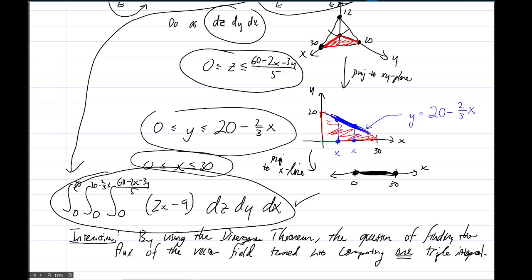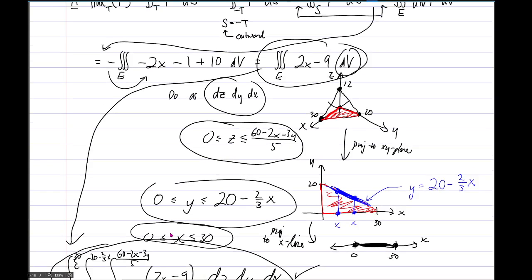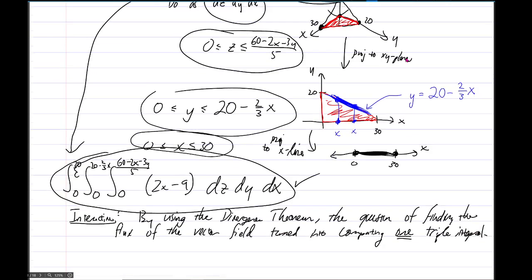Right here, one triple integral. Either there, written as an iterated integral, even here, it's a single triple integral.